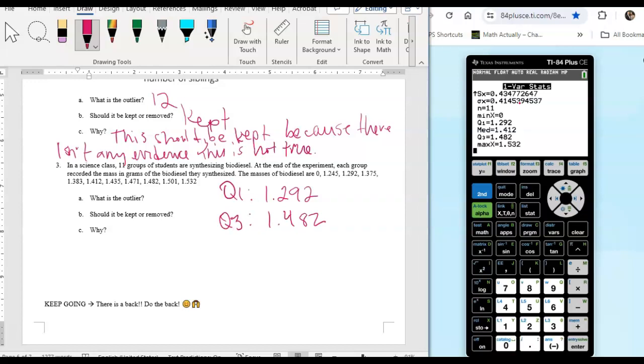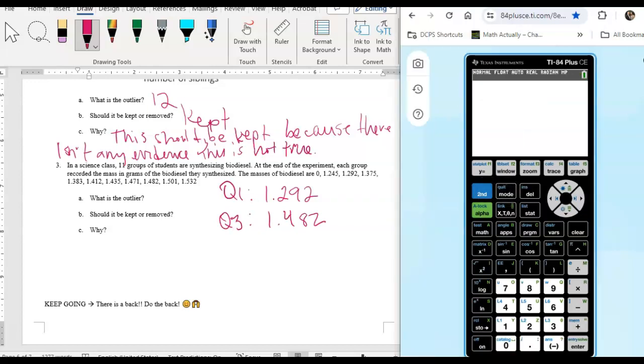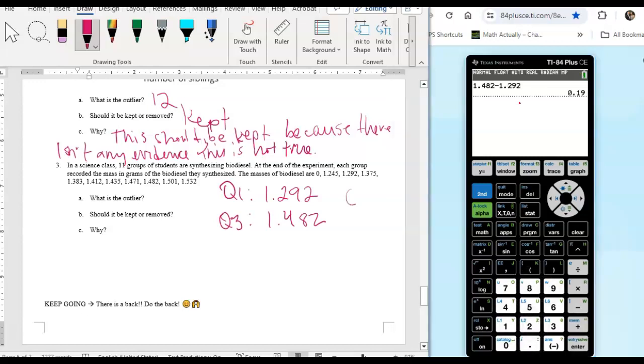All right, so now I'm going to use that to find the interquartile range. So 1.482 minus 1.292, and that is 0.19. That's my interquartile range.